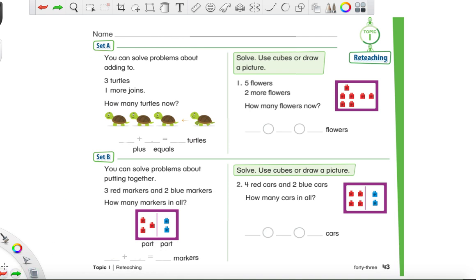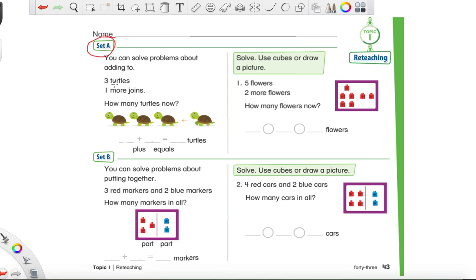So let's just jump into it. We're going to start with number, well, it's not even number 1, it's set A. So this first part here. And just like before, when we hear important things, we need to circle it so we know exactly what numbers we're using. So let's go ahead and read. It says you can solve problems about adding.